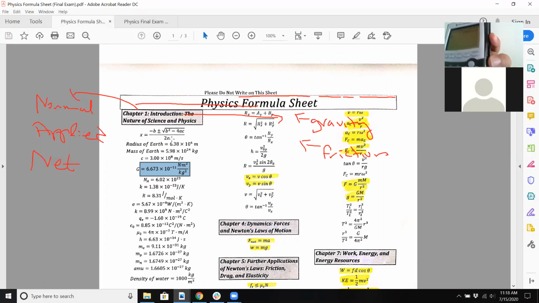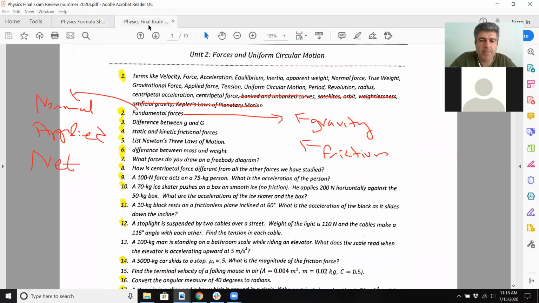It's kind of hard to see, but that's what I did. Then I divide that by the radius of the Earth, 6.38 E 6, squared. I'm going to use double parentheses so I can protect it. You see I get about 9.8. So that's the difference between the two: capital G is a constant, and little g is the acceleration on Earth.